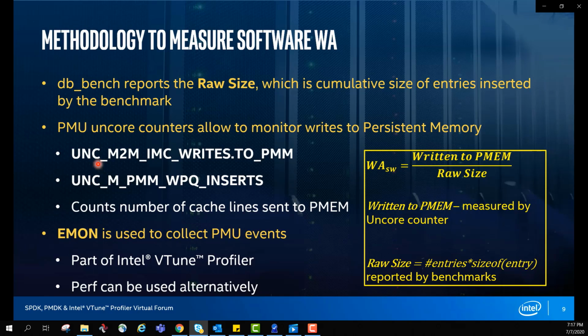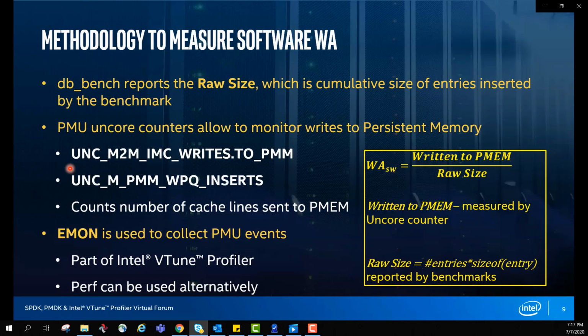Yeah, it's an open source tool, and I believe you can also comment on this. So NDCTL is an open source Linux-based configuration tool that also has options to monitor what's going on with the DIMM, as well as look at how worn out the DIMM is from the endurance perspective.